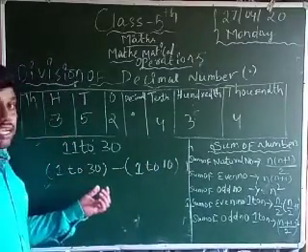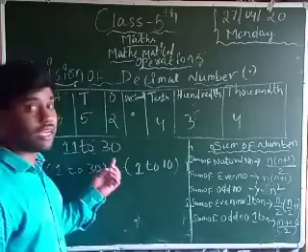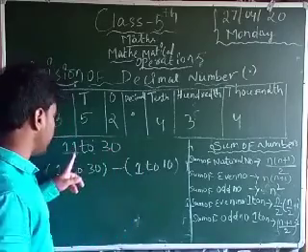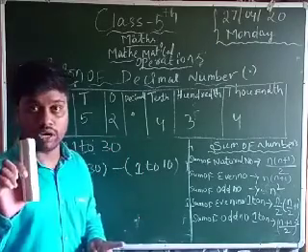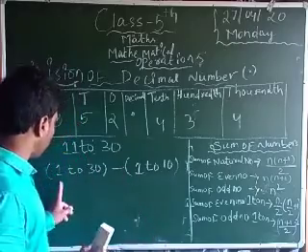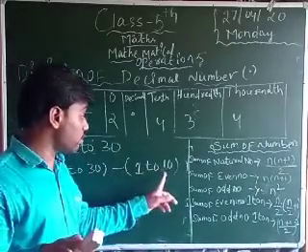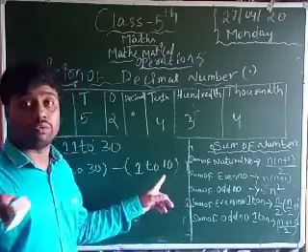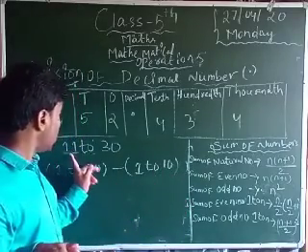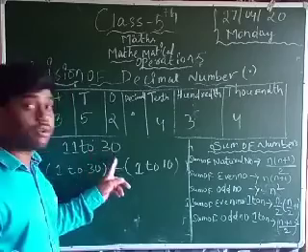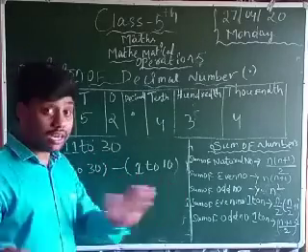Why? Because natural numbers start only from 1, so you take 1 to 30 minus 1 to 10, not 1 to 11, since 11 is already included in 11 to 30. Means take 1 less.